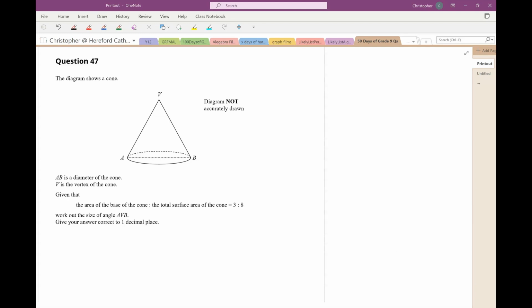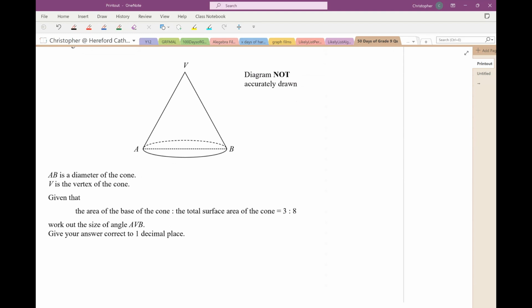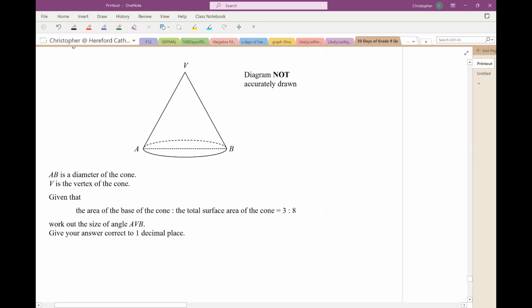Right, question 47. The diagram shows a cone. AB is the diameter of the cone, V is the vertex. Given that the area of the base of the cone, that's pi r squared, the ratio of the area of the base of the cone to the total surface area of the cone, well the total surface area is the area of the base plus the area of the curved face, which is pi r l, where l is that length there.